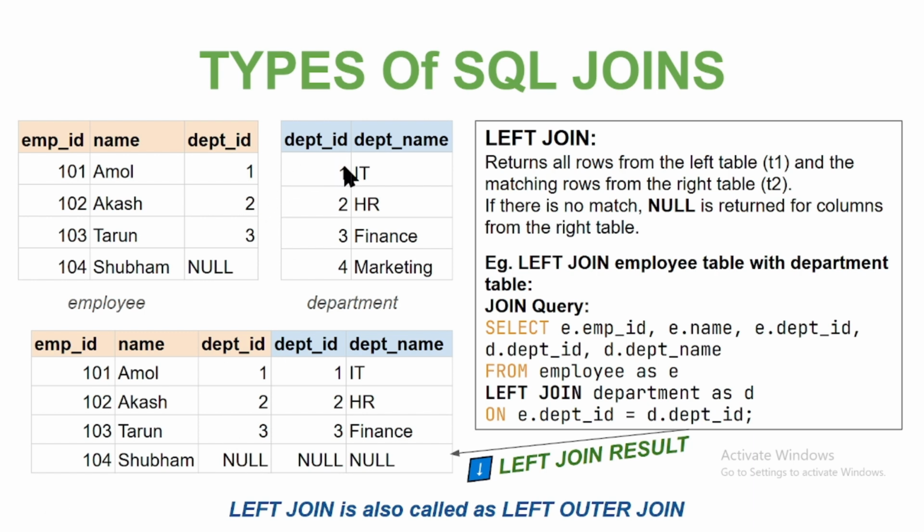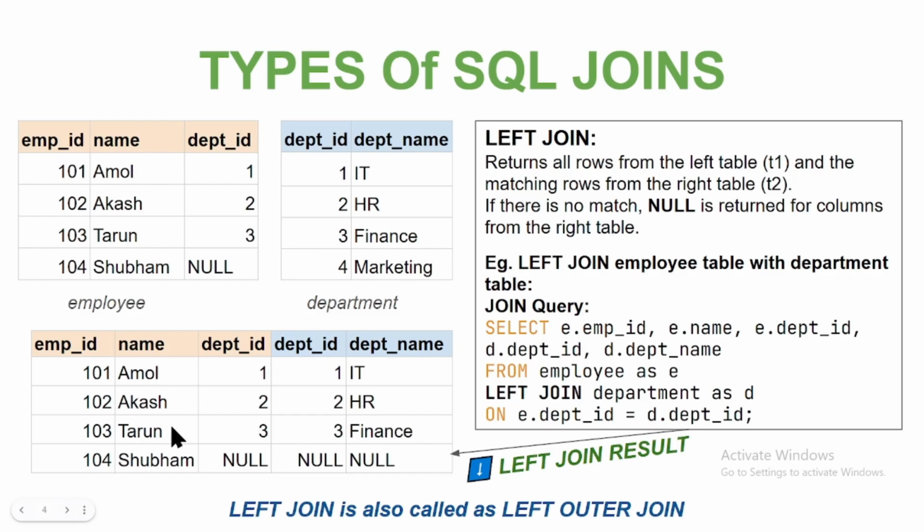Only the matching records come from the department table. If you see department IDs 1, 2, 3, we have IT, HR, Finance, and against Shubham the department ID is null. We don't have any department where the department ID is null, so it is giving null values. If there is no match, null is written for the columns from the right table. So our first challenge result will be 4 rows, guys.